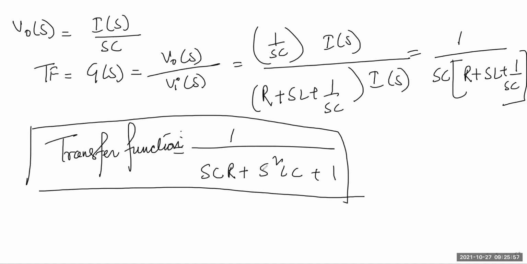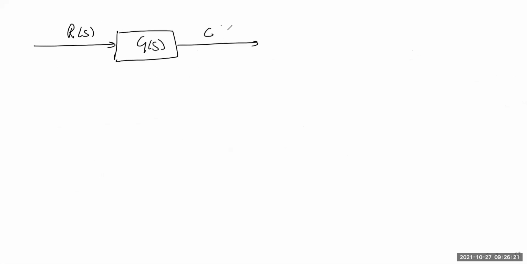Now, there are two theorems. One is called the initial value theorem, and the second is the final value theorem. So let me move into that. Actually, for the transfer function, suppose I'm drawing a block. Suppose this is R(S), this is G(S), and this is my C(S).